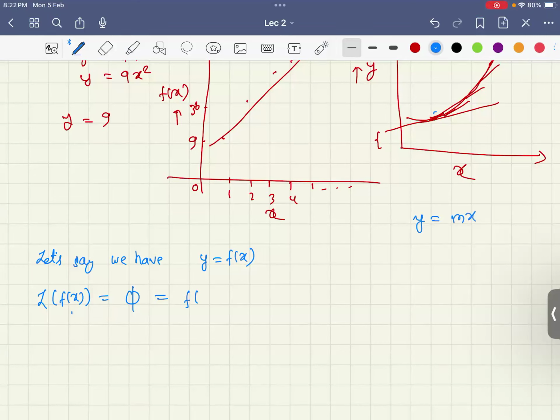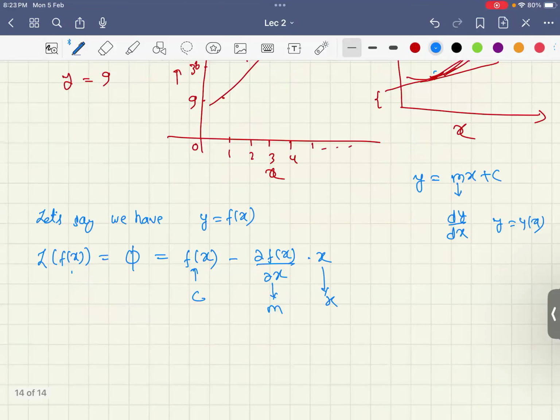The equation of a straight line is y equals mx plus c, where m is dy by dx. If we have only one dependent variable, y equals y of x, then it will be a complete derivative. Otherwise, it will be a partial derivative. So we write psi equals f of x minus dou f of x by dou x into x.